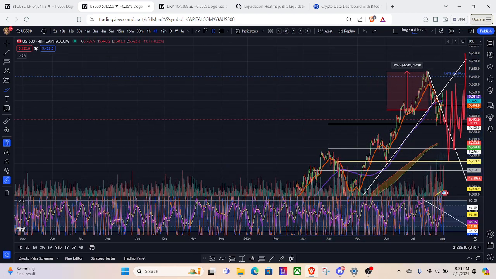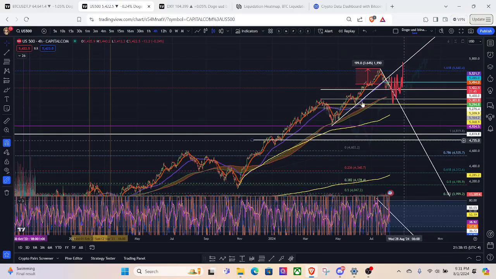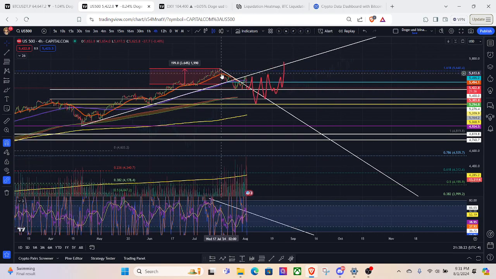even though we may have lost this trend. I do have confidence that the S&P is going to eventually find its footing, whether it takes a bit more consolidation before it goes up higher. I do think that the S&P is eventually going to find its footing and go higher.